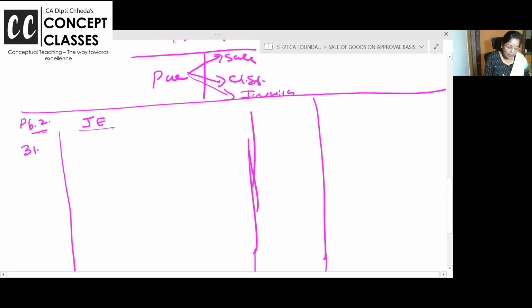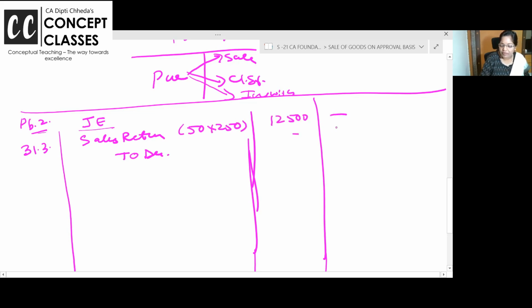On 31st March, first of all, they have returned. So, sales return account debit to debtors. How many they have returned? 50 into 250, 12,500 goods they have returned. Goods sent entry is passed during the year.